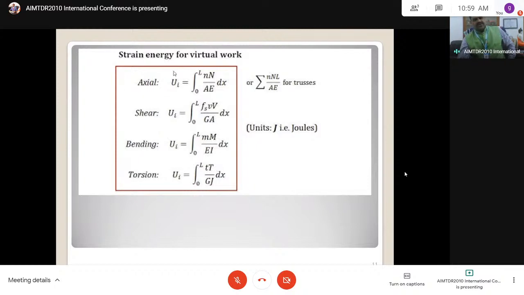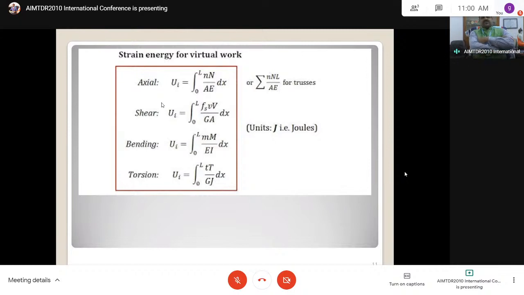Calculate the strain energy, the resilience, energy stored up to the static elastic point, half sigma into epsilon. Sigma is load by area. Epsilon, you can use the stress strain relations and represent the equation in this form, and the boundary conditions you can substitute.